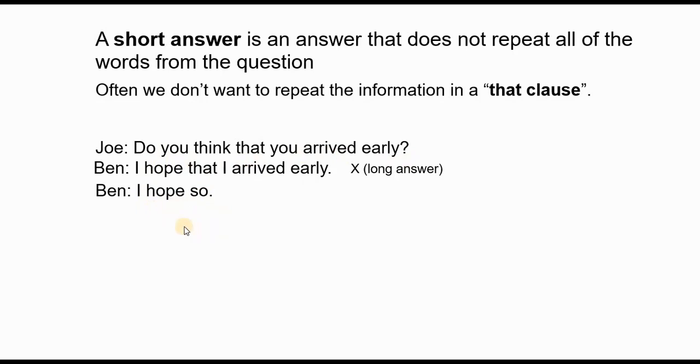So, we can replace that clause with the word so. So we have the first verb, I hope, and then we simply say the word so, S-O, so. And this is our short answer.